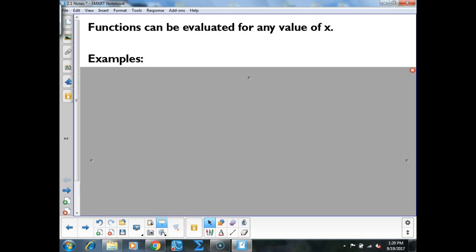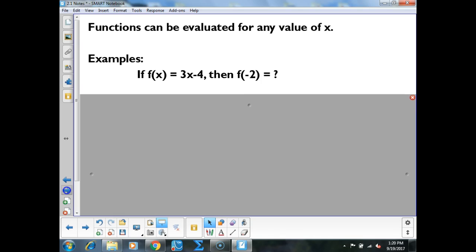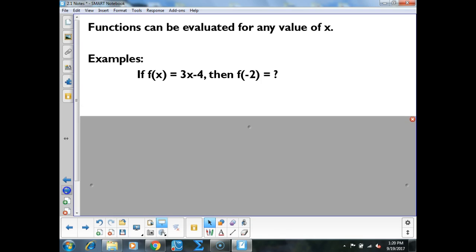So, functions can be evaluated for any value of x. What I mean by that is if f of x is equal to 3x minus 4, then I want to find what f of negative 2 is.